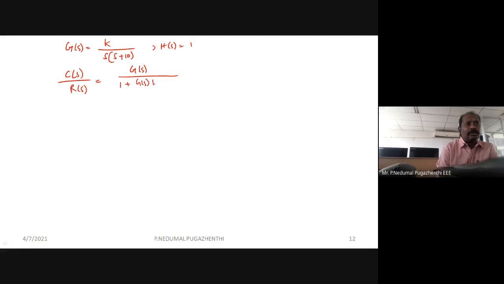Since it is assumed to be negative feedback, I put a plus here: g of s by 1 plus g of s h of s. If I substitute that, numerator divided by denominator plus numerator into feedback, I get k by s squared plus 10s plus k. Is that okay?